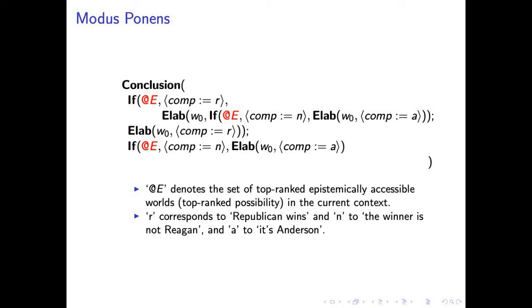The consequent, the nested conditional, elaborates on that. The elaboration relation makes that possibility prominent, and that's our new value for top E here, right? Now, relative to that, we introduce a possibility in which it's not Reagan who wins, right? And the final consequent elaborates on that, makes that possibility prominent, and relative to that, it checks whether all those are the ones in which Anderson is the winner.